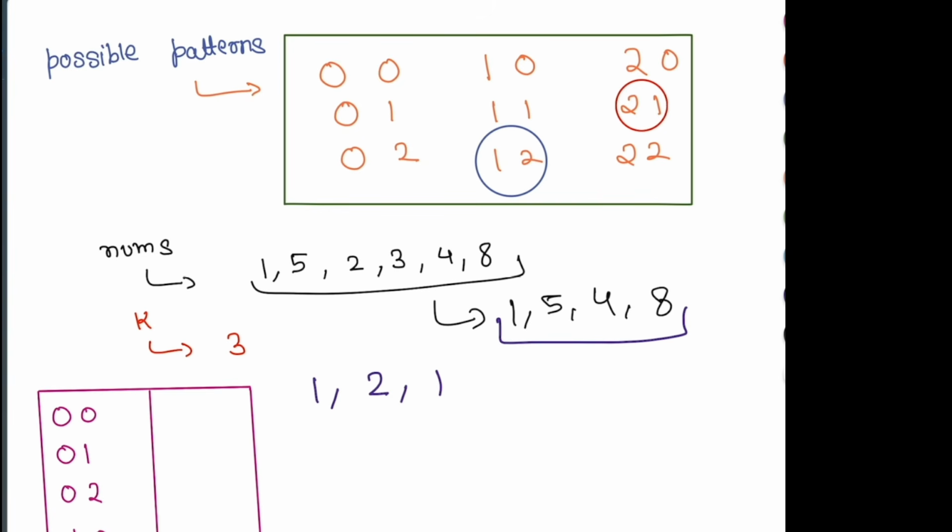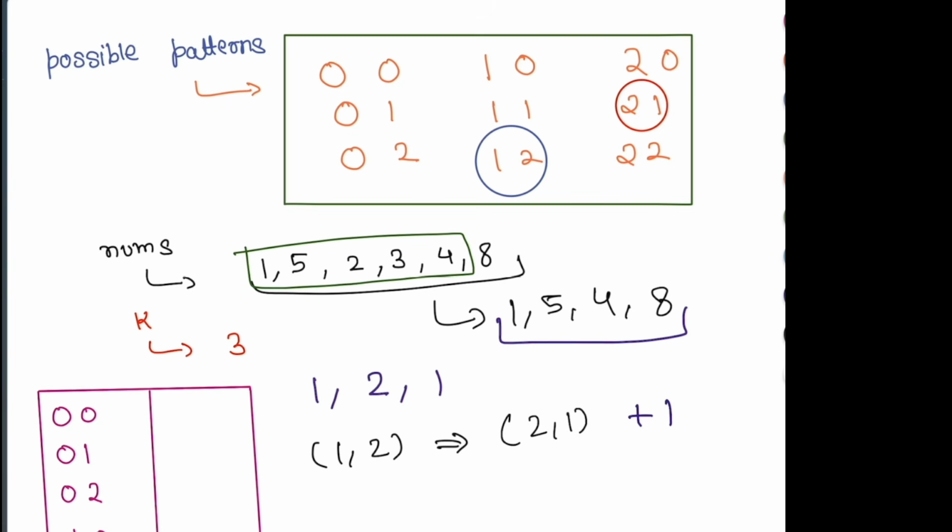So basically, if you want to find out the value for the 1, 2 pattern in which the last element has the mod of 2, the second last has the mod of 1, you will have to take whatever is the length of the 2, 1 pattern. If we found an element having a mod value of 2, I can say whatever length I have for 2, 1, I will just add 1. That's because, let us say we have scanned these values, and now the next value is 8, right? 8 mod 3 is equal to 2, so we got an element which is ending with a pattern of 2.